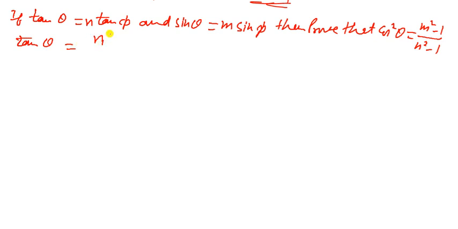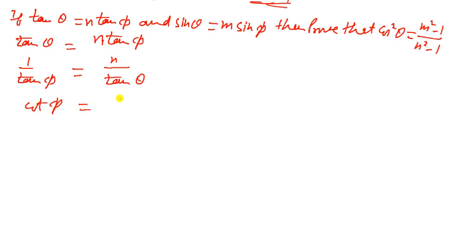So first of all, we can take both the equations. So it is tan theta is equal to n tan phi. Now change tan phi here, this tan theta here. So we get 1 upon tan phi is equal to n upon tan theta. So here it is cot phi, that is n cot theta.